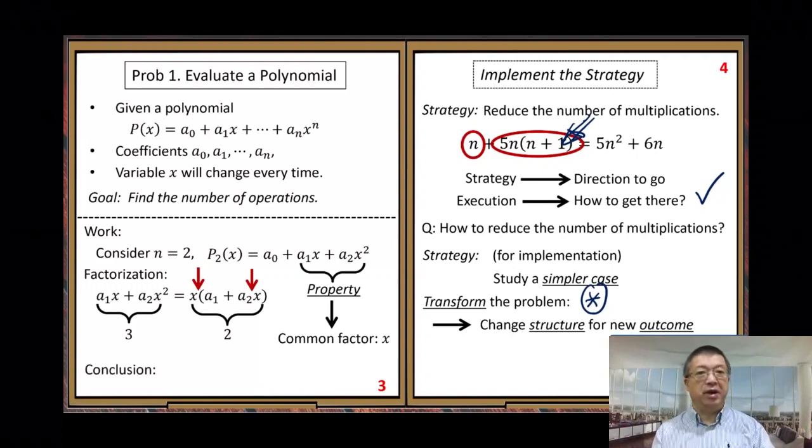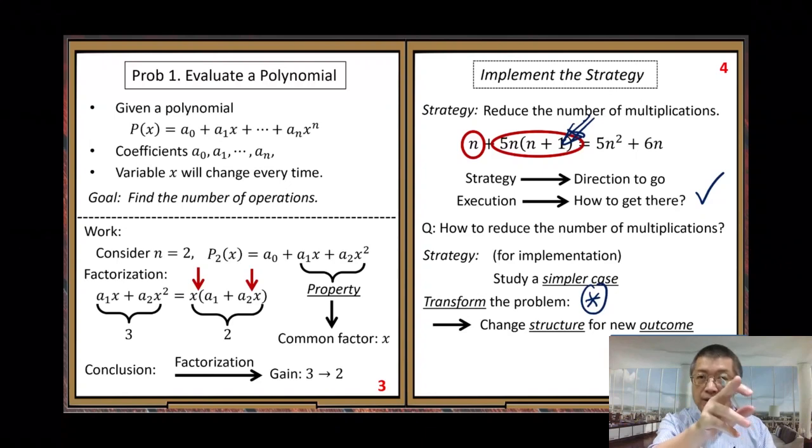The conclusion is, when we apply the factorization technique, our gain is from 3 to 2, reduced by 1 from the original number. That's a pretty good reduction from this simple example.